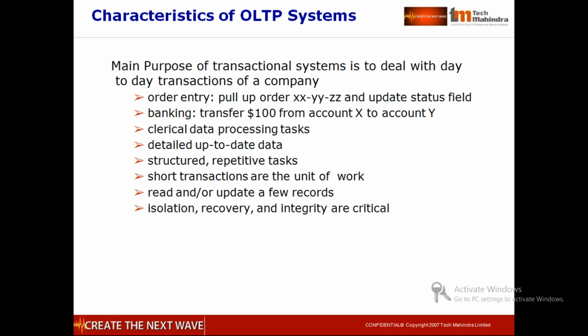The data is in a normalized form in an OLTP, whereas in OLAP we don't maintain such normalization. In-depth normalization we don't maintain, because if you maintain normalization, the main problem is retrieving the data. To retrieve the data we need to maintain many joins.